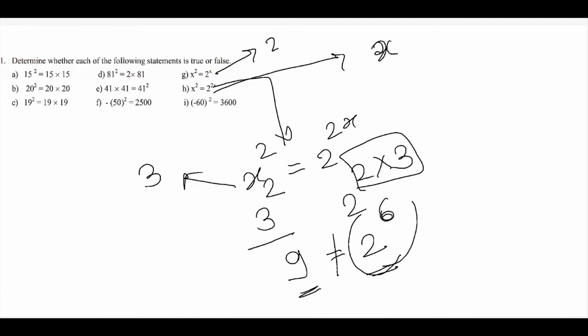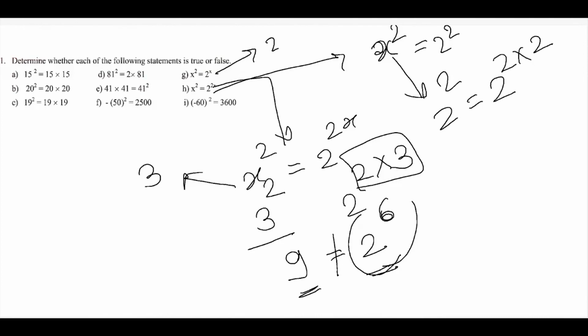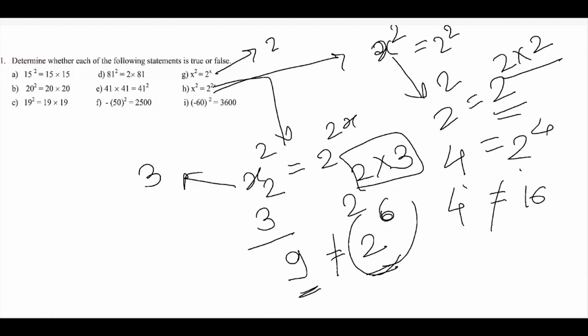So this will become 2 square, and this will become 2 into 2. This is 4 and this value again becomes 4. Now 4 and 2 raised to 4. 2 raised to 4 is 16. So 4 and 16 are not equal.